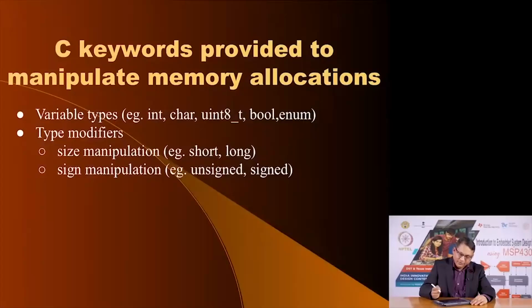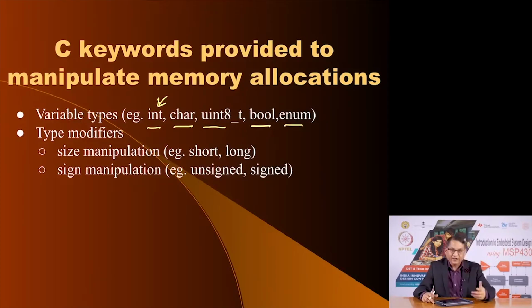So, we need to understand what are the various types of variables that are available to you. Broadly, it is an integer variable, character variable. You can also look at it as unsigned integer of a size 8. Integer is usually 16, but you can override that by saying no, I want to use an unsigned integer with 8 bits. You can have Boolean type, or you can have enumerated type of variables.